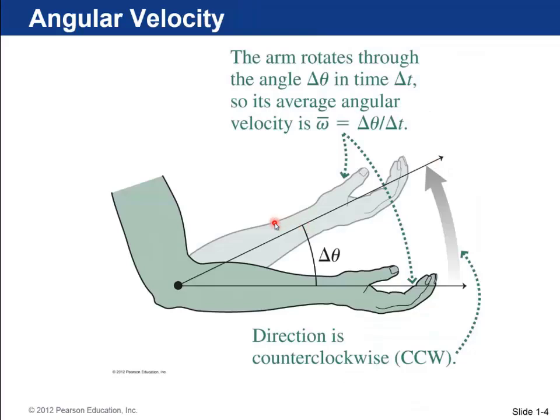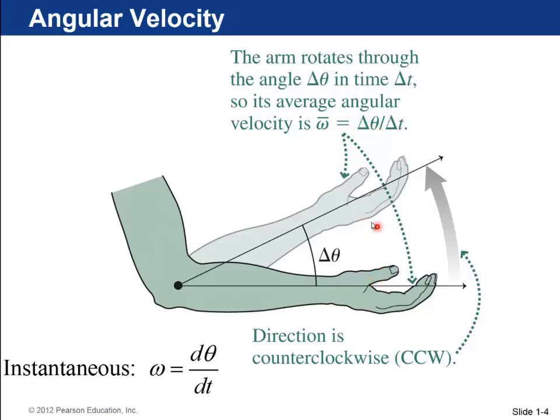So now we talk about angular velocity. This arm rotates some angle delta theta in a time delta t. So its average angular velocity, we call it omega, with a little bar on top to mean average, is delta theta divided by delta t.